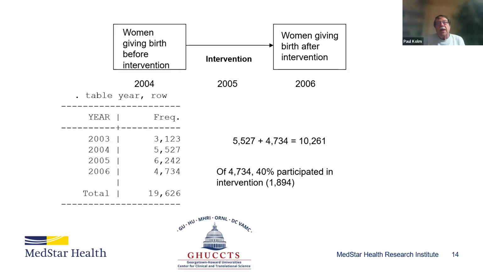So we have over 10,000 potential participants in the study, but of the 4,700 in the after-intervention group, only 40% actually participated in the intervention. So that leaves us with almost 1,900 for the study.